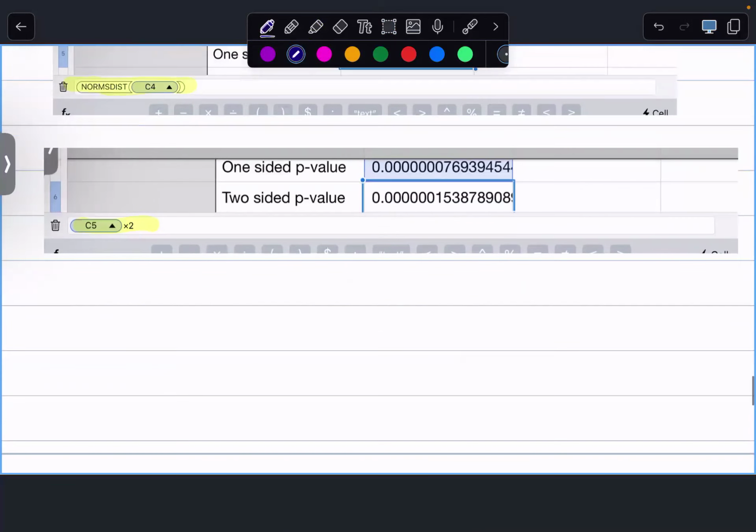So therefore, the two-sided p-value is 0.123456154. Couldn't squeeze another one on there. Approximately, I guess, but that's close enough, right?